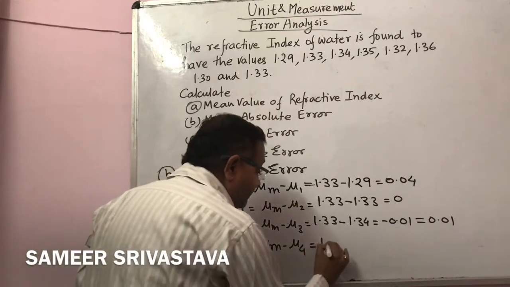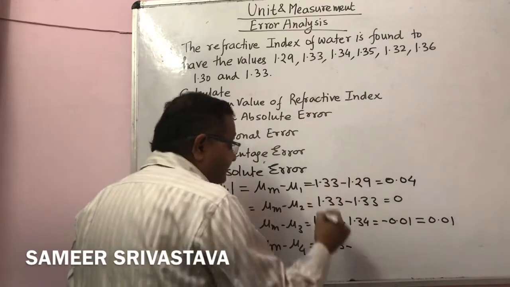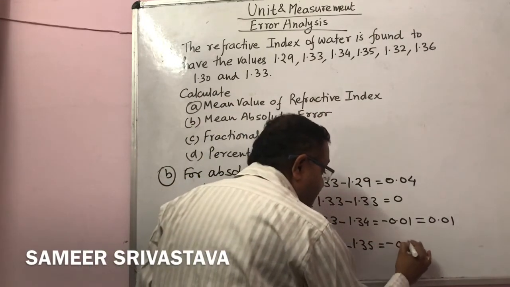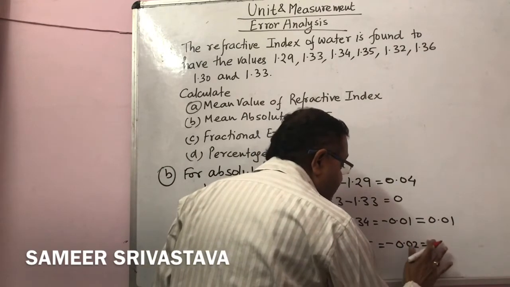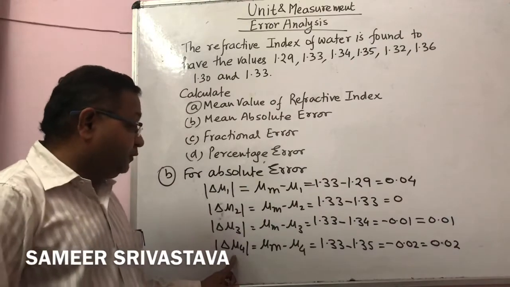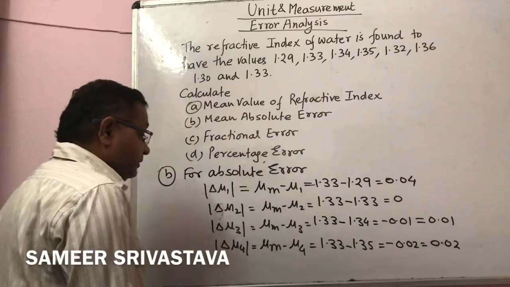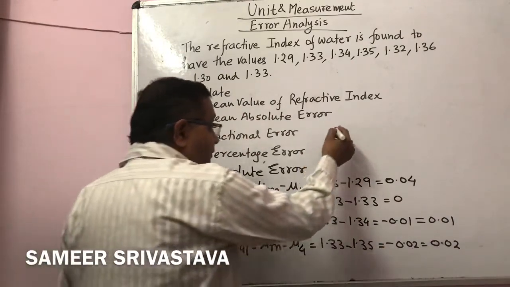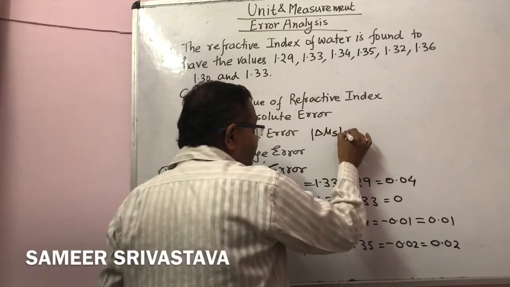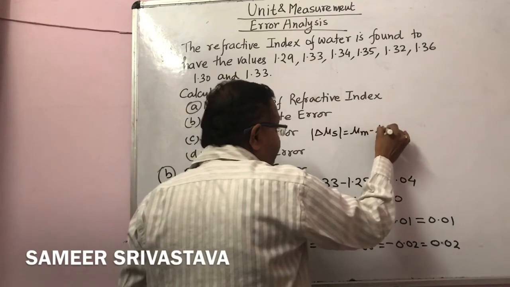Okay. Now mod mu 4, mu m minus mu 4. Mu m is 1.33 and mu 4 is given as 1.35. That is again minus 0.02. So we have taken the positive value because the modulus is there. Mod mu 4 is 0.02. Now I am going to write here mod mu 5, mu m minus mu 5.